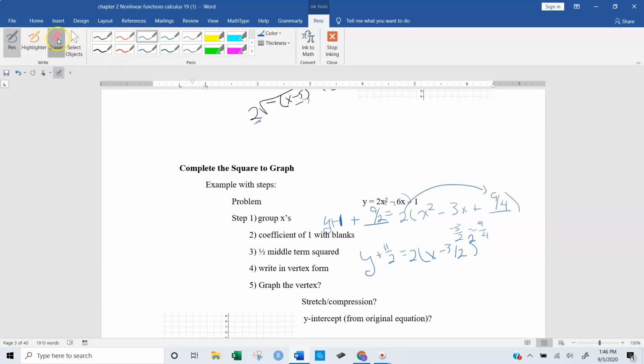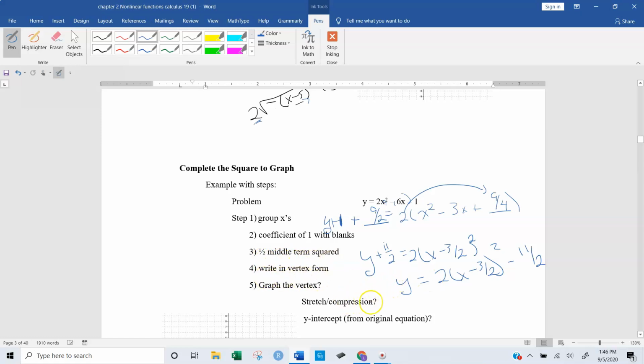Let's get rid of this extra stuff in the middle here. We're close to vertex form. Now all we need to do is bring the 11/2 back over. So y equals 2 times x minus 3/2 squared minus 11/2.